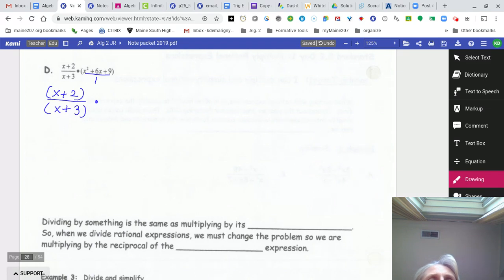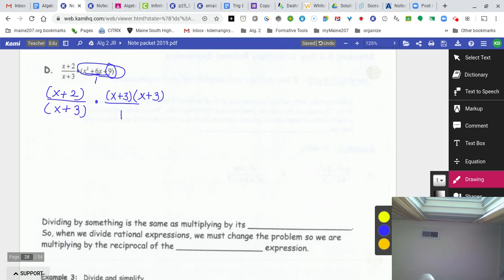So it's times, I'm going to put it over 1, and then I'm going to factor this polynomial. So it's x and x, plus and plus, and I need a product of 9 that adds up to be 6. So 3 times 3 is 9, and 3 plus 3 is 6. Perfect. Okay, I have everything factored.